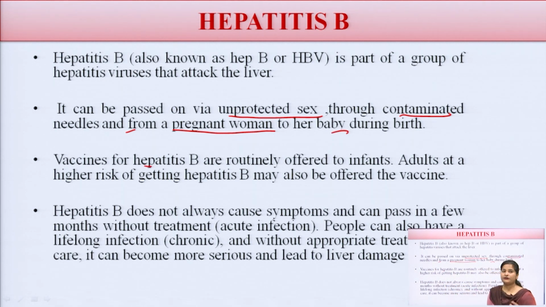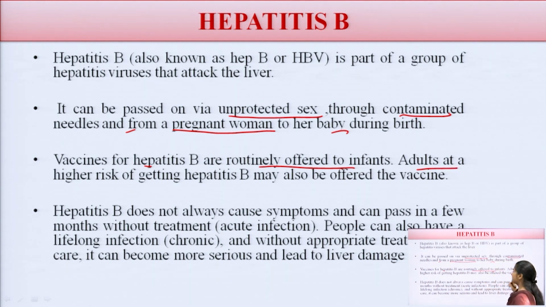Vaccination against hepatitis B is routinely offered to infants. There are several kinds of vaccinations, and there is one vaccination for hepatitis B. It is offered to infants so that they will not get affected by this kind of virus.